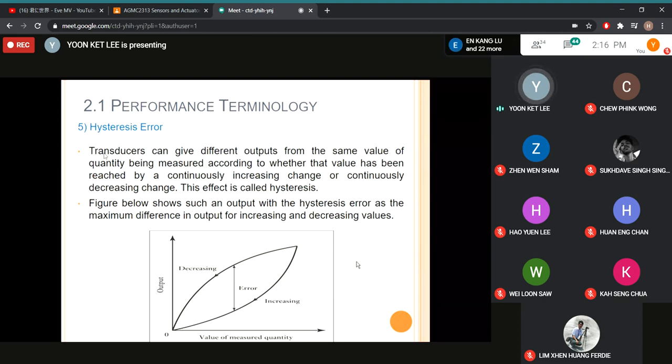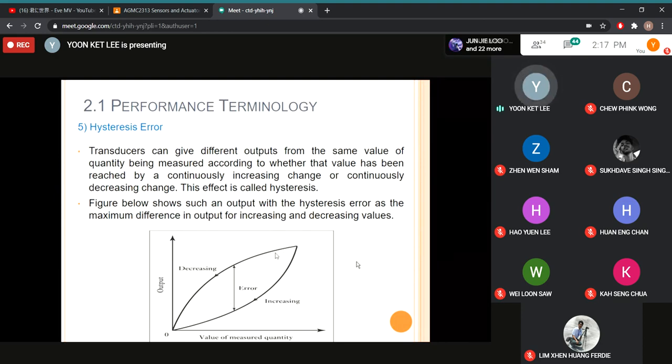So hysteresis error is when the transducer can give different outputs for the same value of the quantity being measured, according to whether that value has been reached by continuously increasing change or continuously decreasing change. This is called hysteresis. If we want to have two points, by right you should have a linear line here.